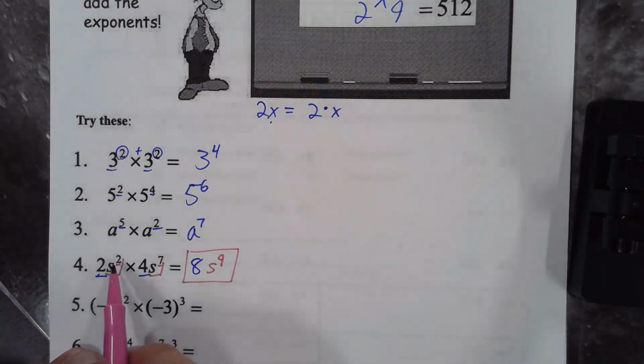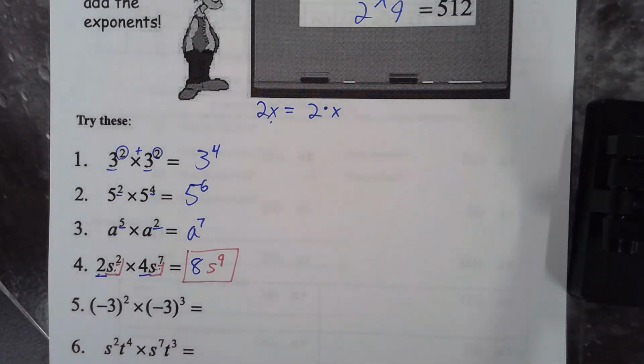Remember, when I multiply numbers with exponents, I add the exponents. Yeah, 7 plus 2. Yes. The letter is the placeholder. It's going to stay the same, right? Okay.